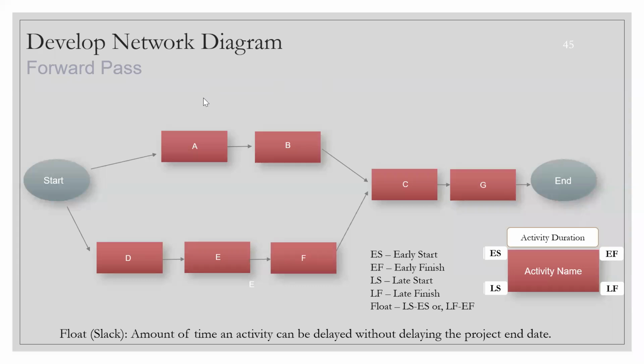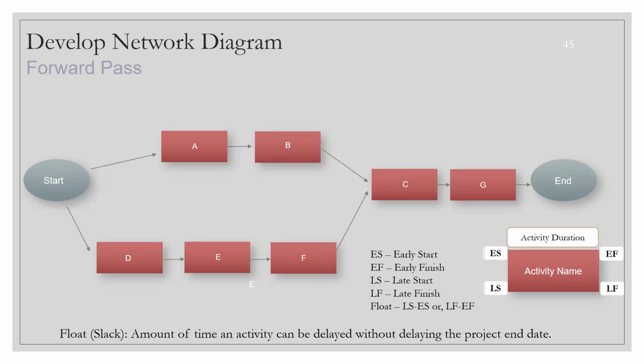So there are two ways to complete the duration or the network diagram. One is called the forward pass and one is called the backward pass. Basically, the two are combined together to find out all the details of an activity, like early start, early finish, late start, late finish. Okay, so first I will start the forward pass.